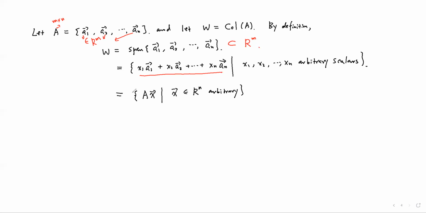So W is the set of A times X for arbitrary X.